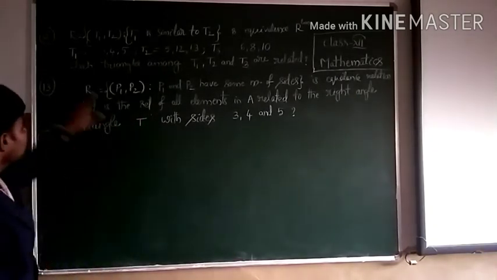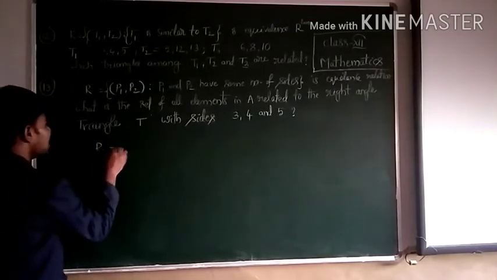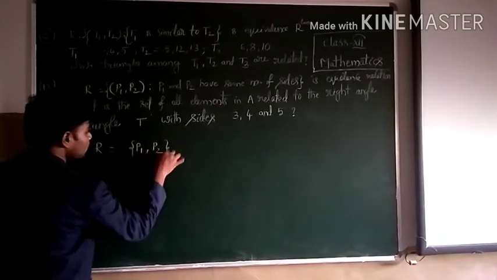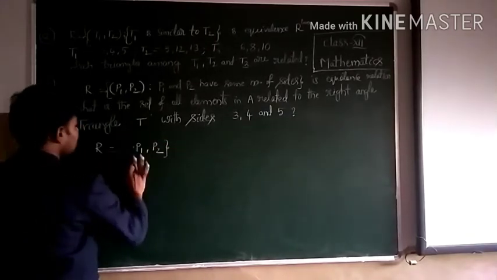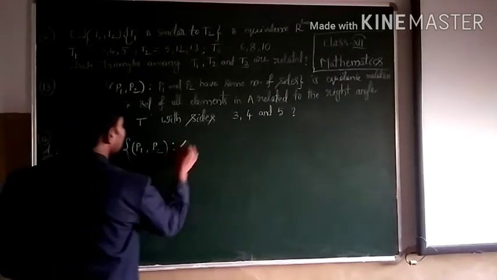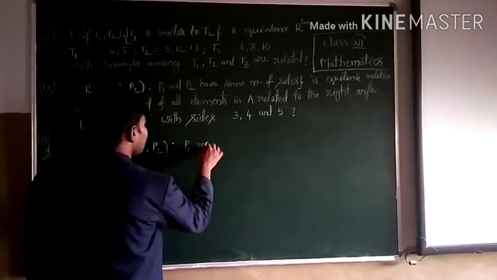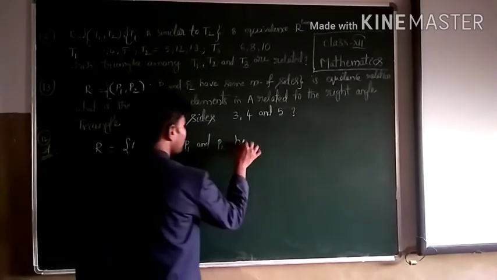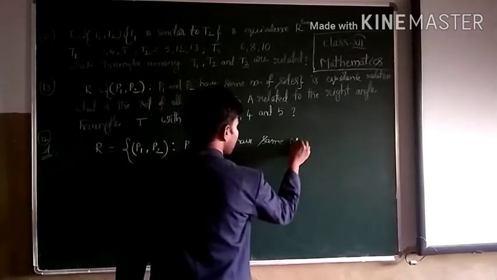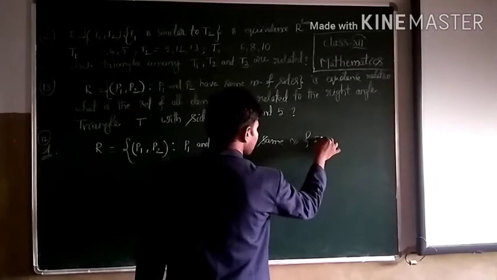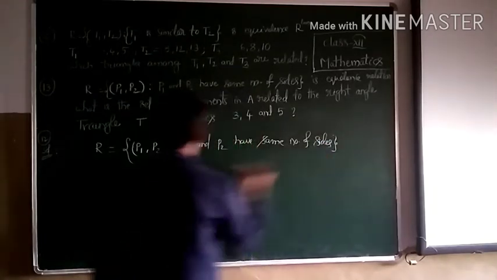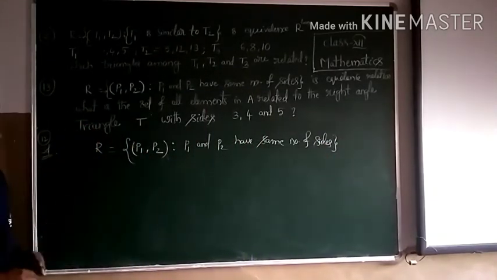First the relation is defined as P1 comma P2 such that P1 and P2 have the same number of sides. This is the relation given by the problem.